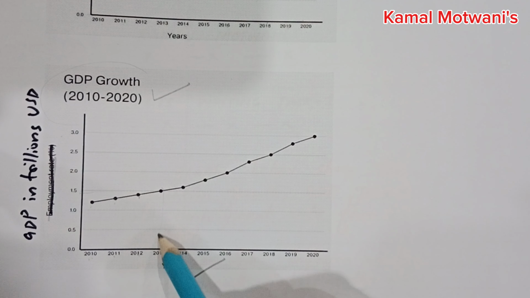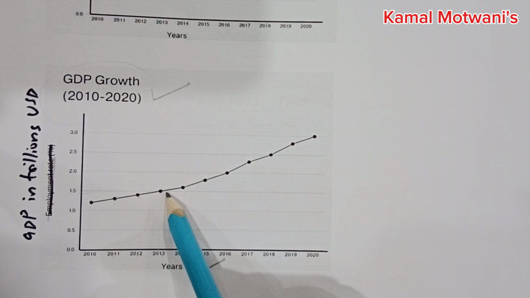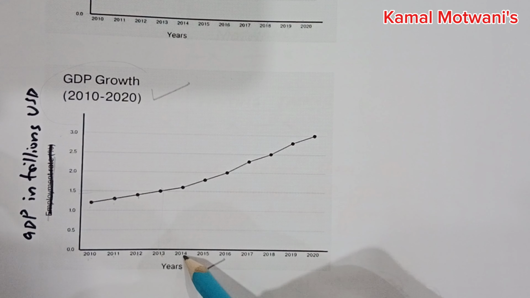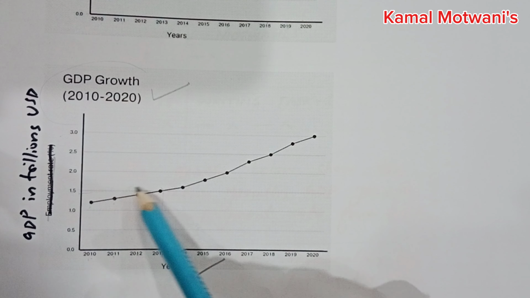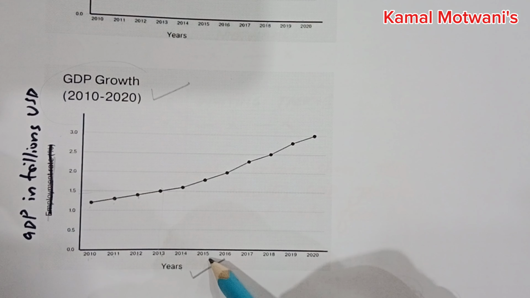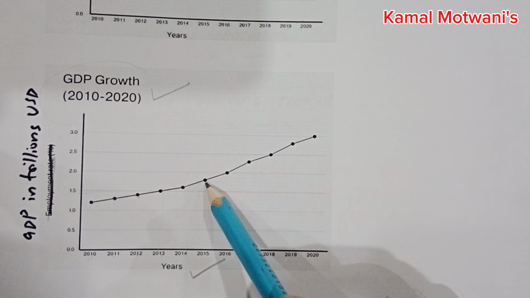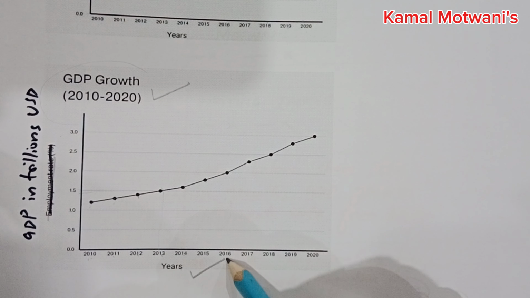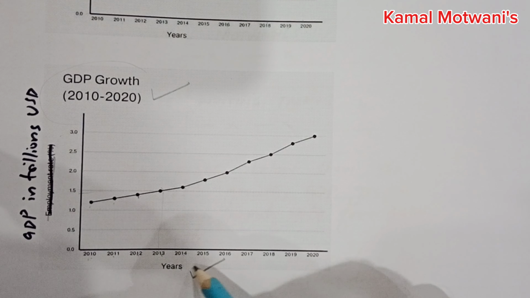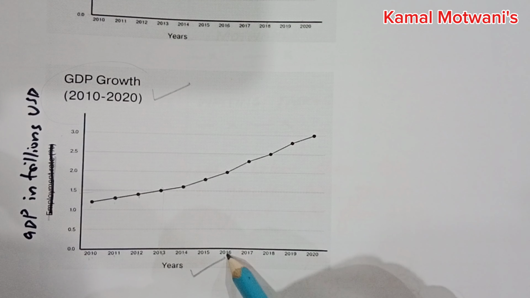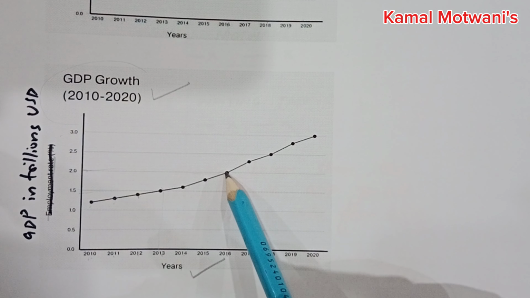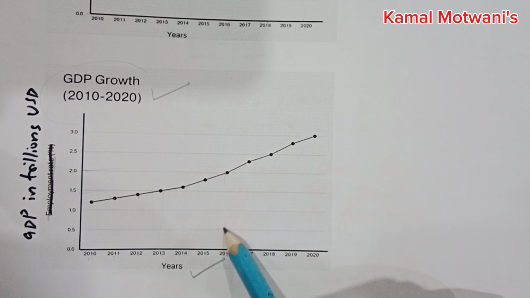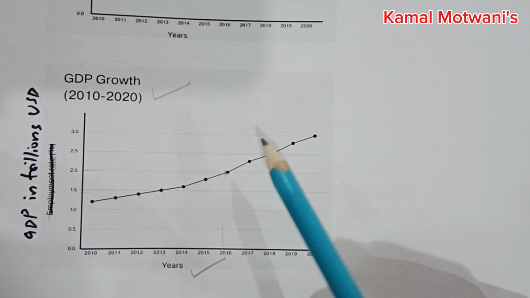Then in 2014 it is around 1.6, because it is a bit above 1.5. In 2015 it is 1.8. Then in 2016 it is exactly 2 trillion US dollars. You see, it is exactly 2 trillion.